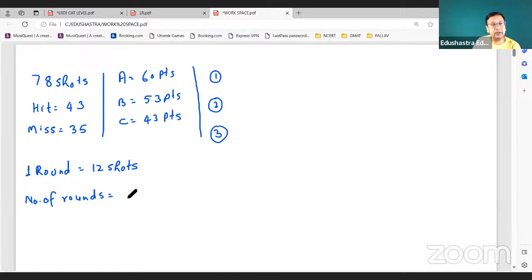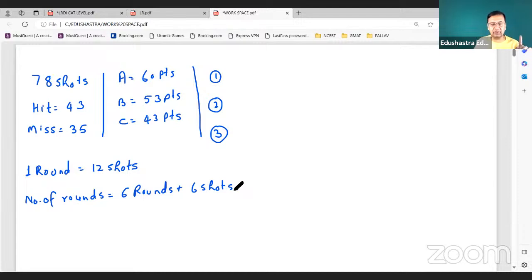And that is 72, right? So I can say 6 rounds and plus 6 shots, right? Total 6 rounds because every round will have 12 shots.